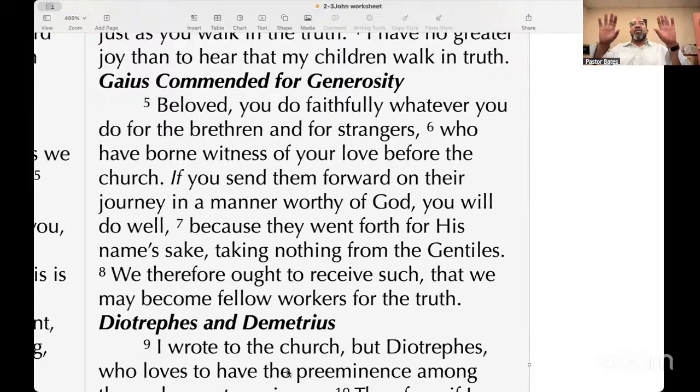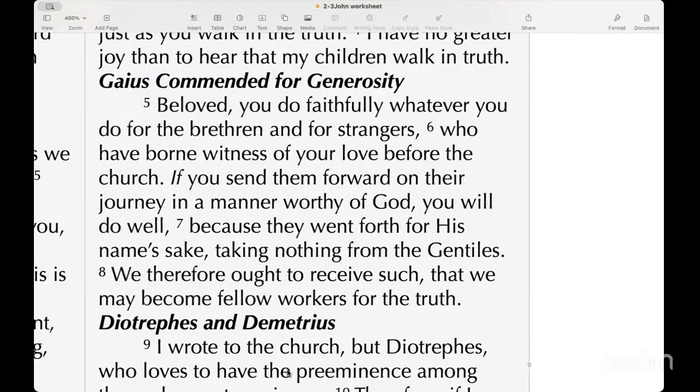Now you'll see, the thing is that I would list that out. How does the elder feel about Gaius? Well, he uses a term of endearment, beloved. How does he really feel? I love him in truth. What else does he do for him? I pray.